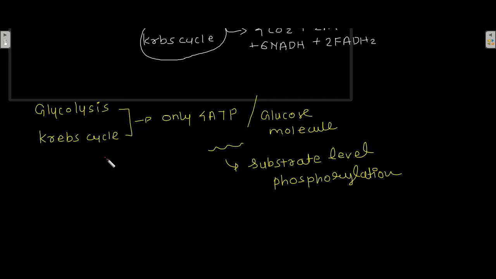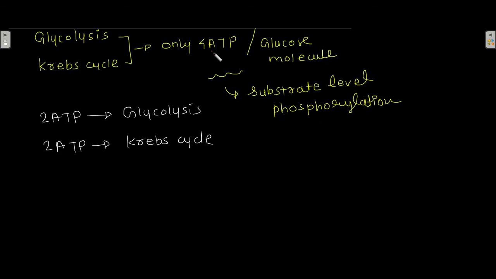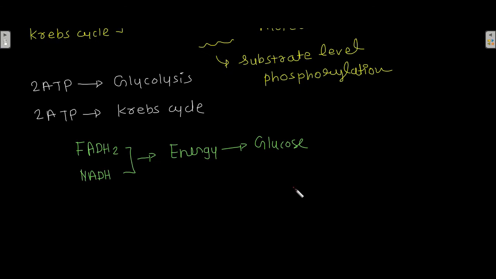Out of these 4 ATP, 2 ATPs were produced by glycolysis and 2 ATPs were produced by the Krebs cycle. Now at this point, FADH2 and NADH account for most of the energy that is extracted from glucose.